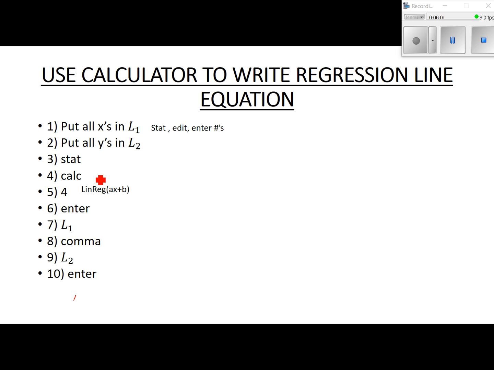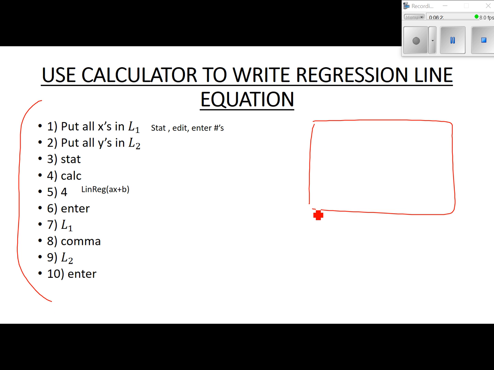This one we used the calculator on. These are the steps they used in assignment 4 to punch this into your calculator to come up with your A and B when you are looking at the screen.